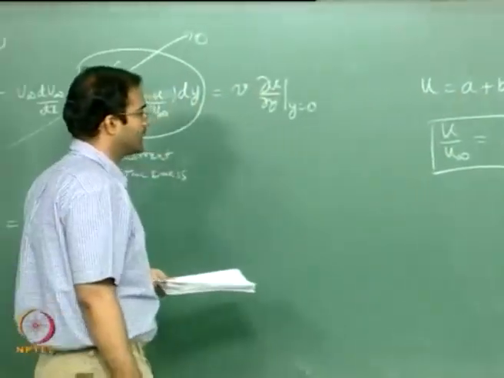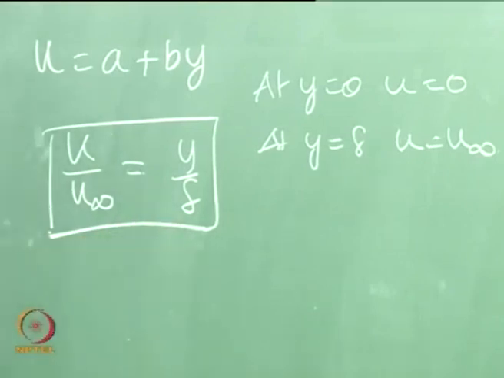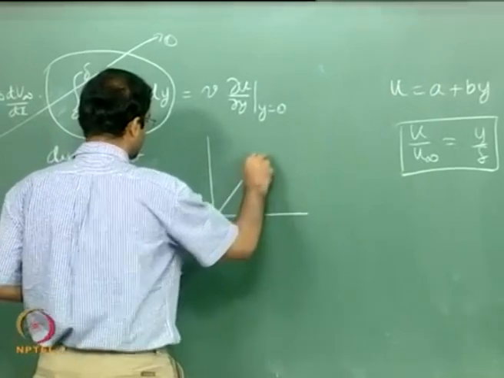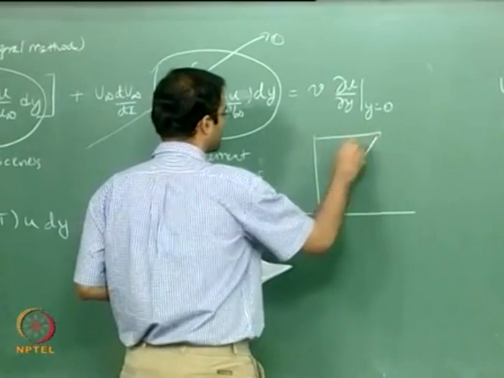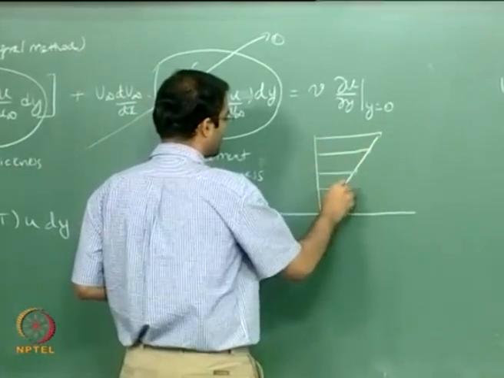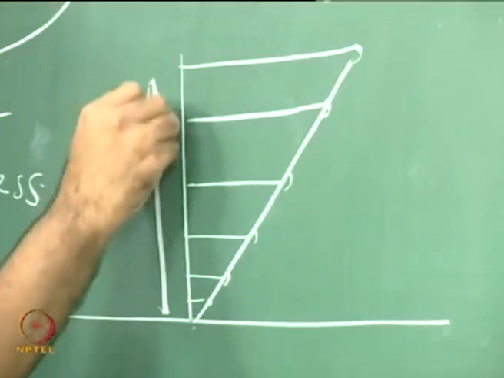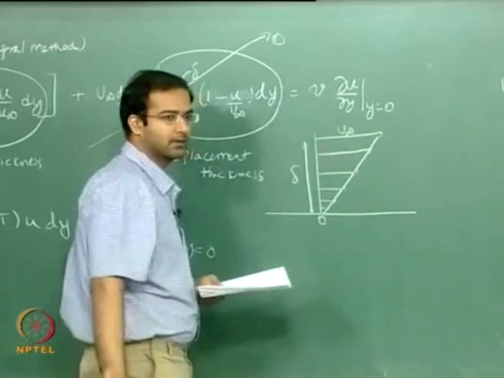When we use the linear profile, we assume that the variation in the boundary layer is completely like this, which is totally unlike the solution that Blasius got. This is your delta and this varies from 0 to u infinity.